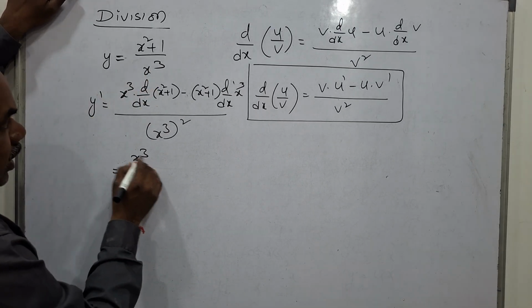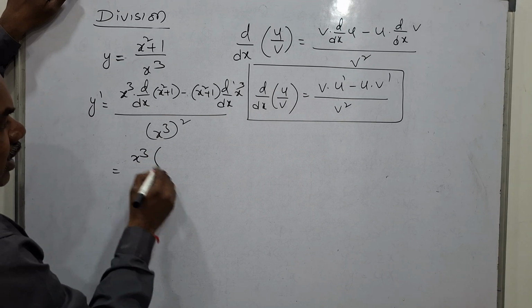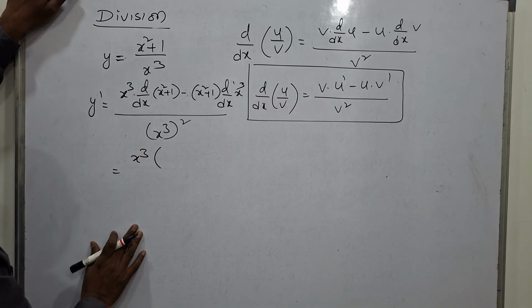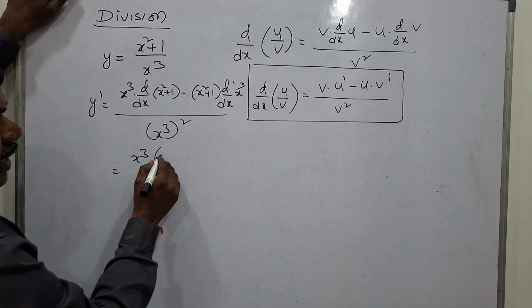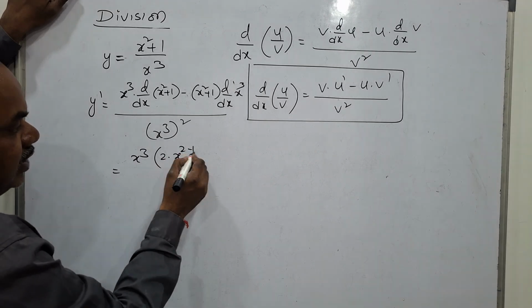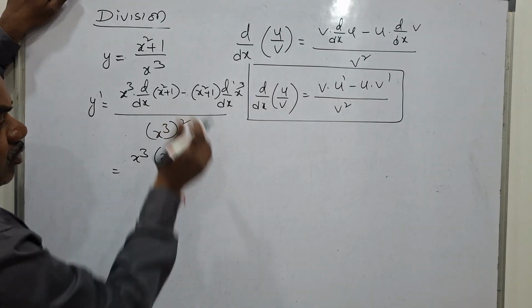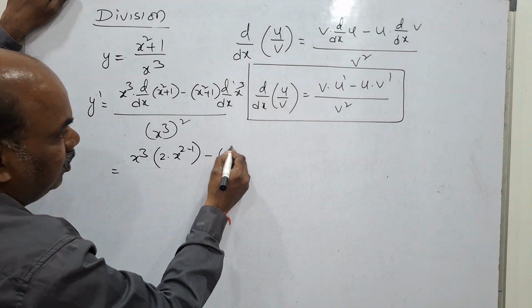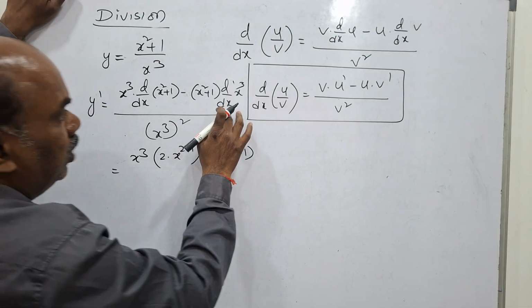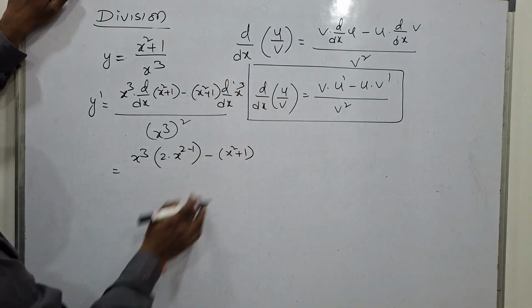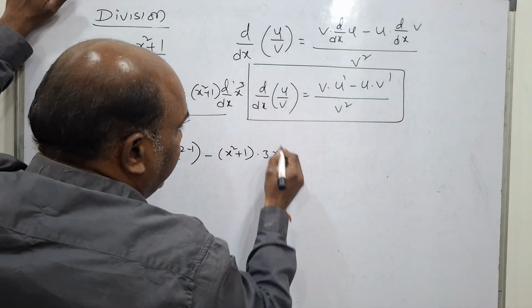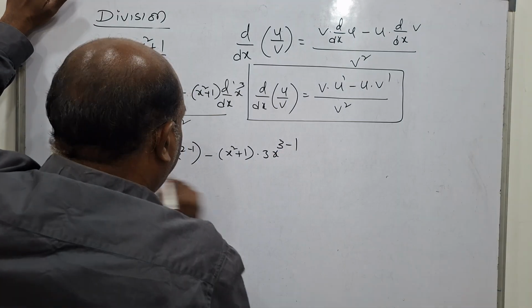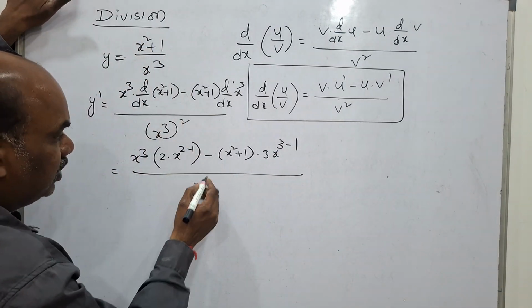x cube into the differentiation of x square, in the form of x power n, n into x power n minus 1, plus d by dx of constant 0, no need to write, minus x square plus 1 into d by dx of x cube, which is 3x square, by x power 6.